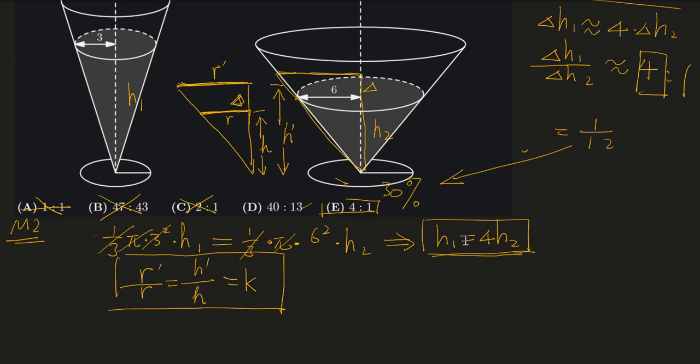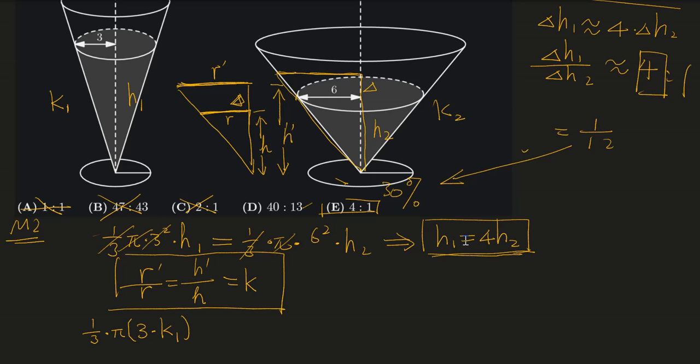That will be the new total volume of the left cone, which is 1/3 times pi r squared. Actually, it should be r prime squared because the surface has risen. But what is r prime? r prime is k times r, and r is 3 in this scenario, right? And for k, we will use k1. So we assume the ratio here is k1, and the ratio for the right cone is k2.